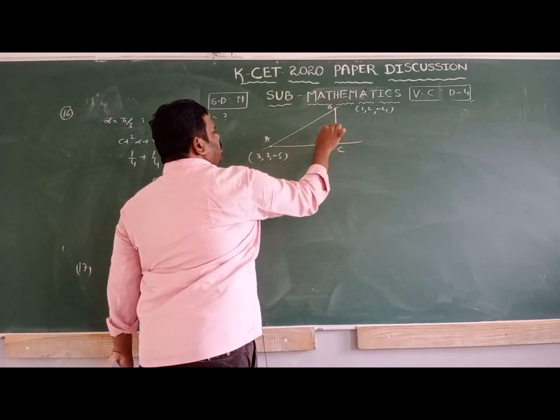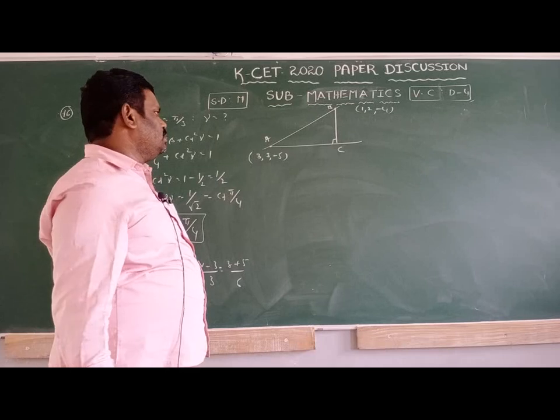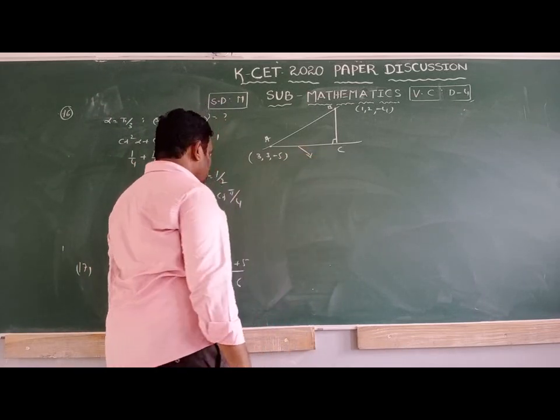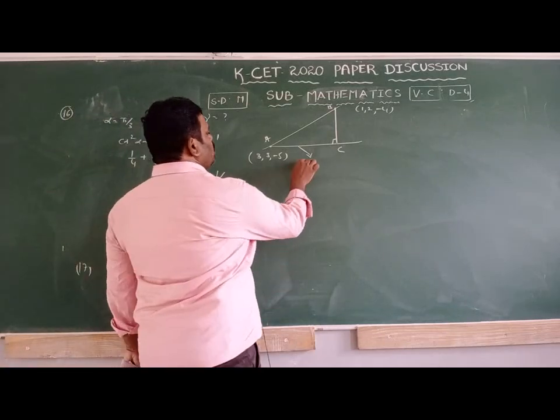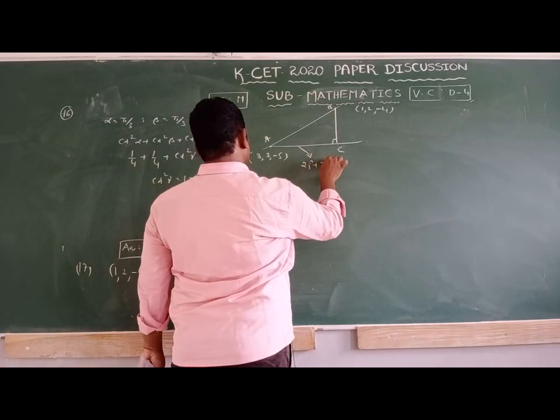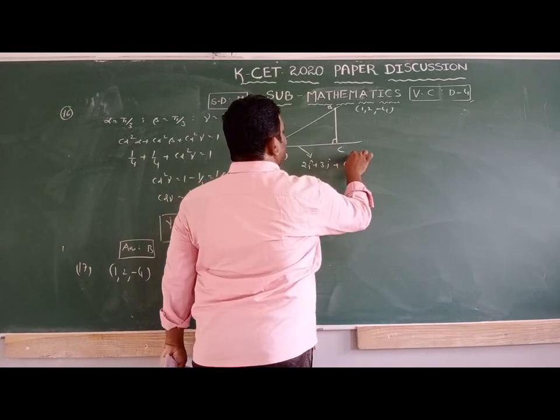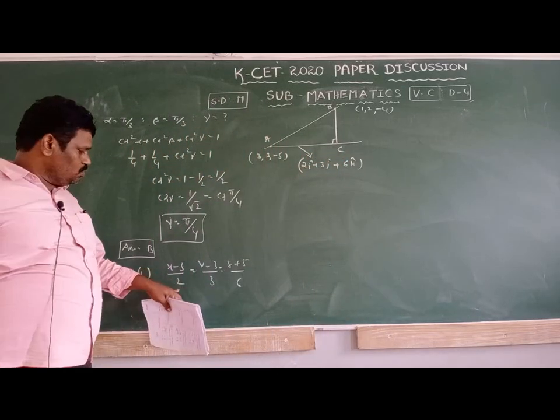Suppose this is triangle ABC. If you want to apply the right angle property to find the BC value: AC is the vector along the line, 2i cap plus 3j cap plus 6k cap. So this is the vector with direction ratios 2, 3, 6.